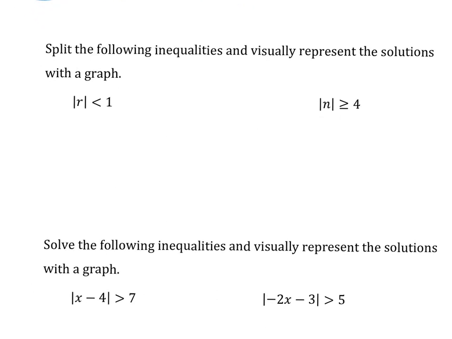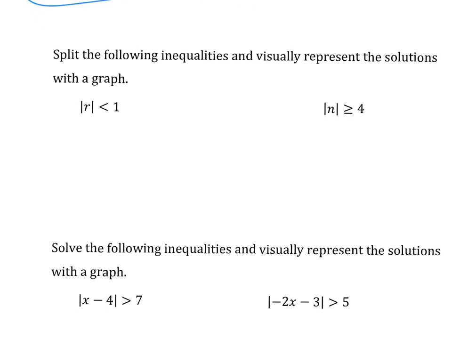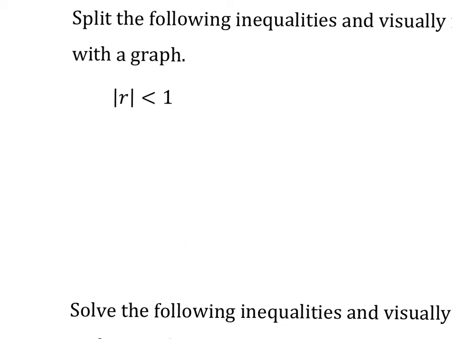Let's look at a few more. If we have the absolute value of r is less than 1, we'll split that into r is less than 1, exactly as we see it, and then r is greater than negative 1. We flip the inequality symbol and make that one a negative. Then to graph this one, we have 0, 1, and negative 1.